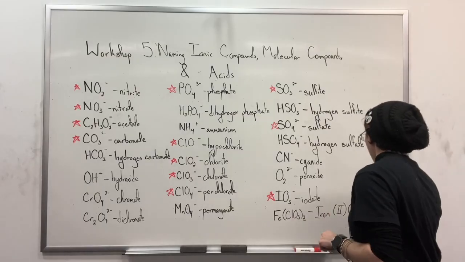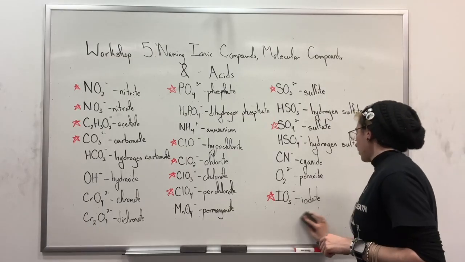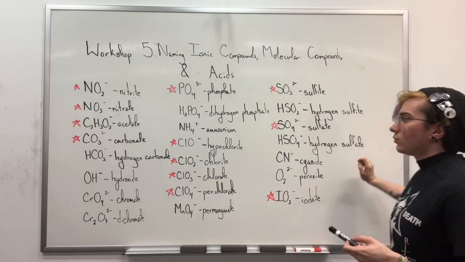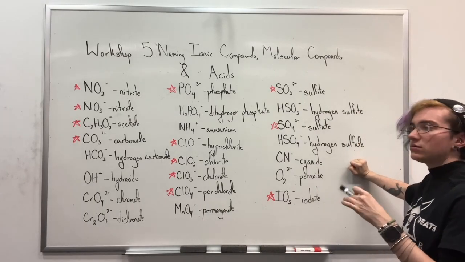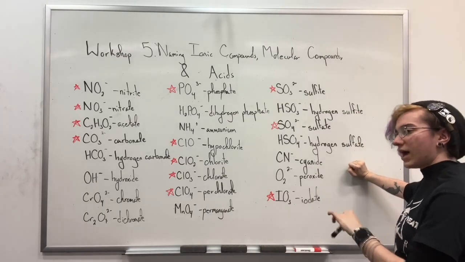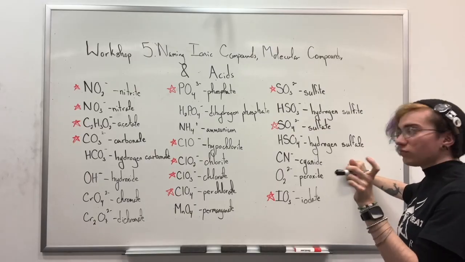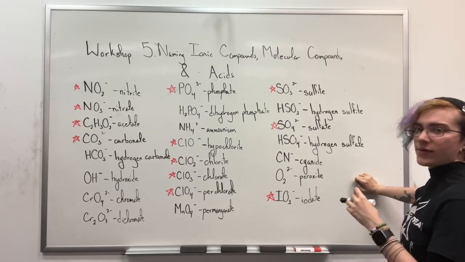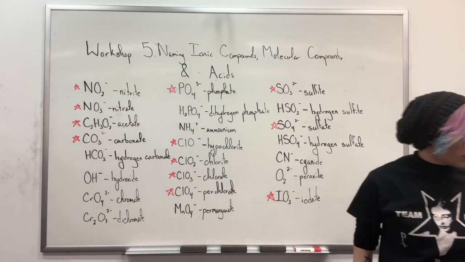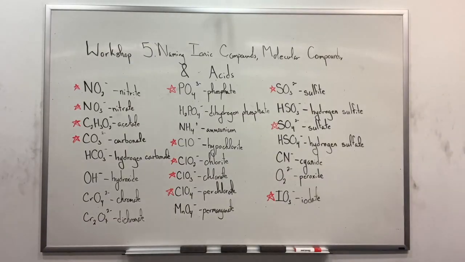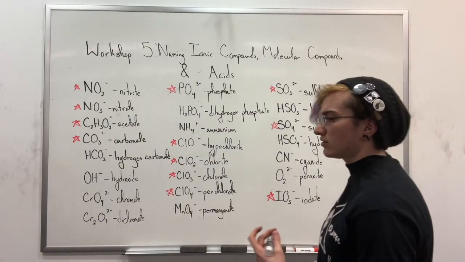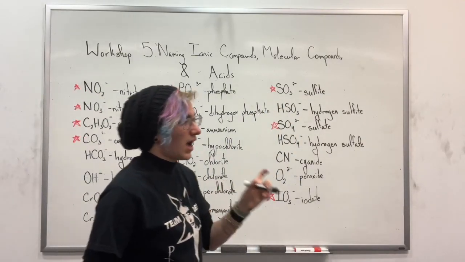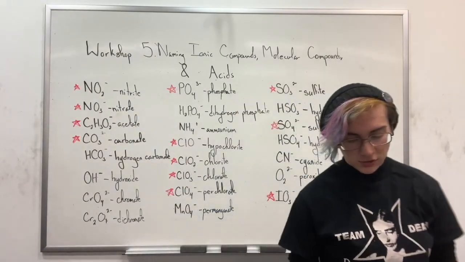Now, when it comes to acids, it's going to be a little bit different. We saw with binary acids, we had hydrochloric acid, hydrobromic acid. You have to put the word hydro for the hydrogen. You have to end your non-metal with IC, and you have to put the word acid at the end of it. When it comes to oxyacids, acids with a polyatomic ion in it, you are not going to put the word hydro.